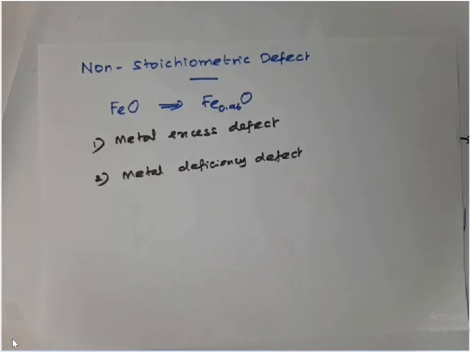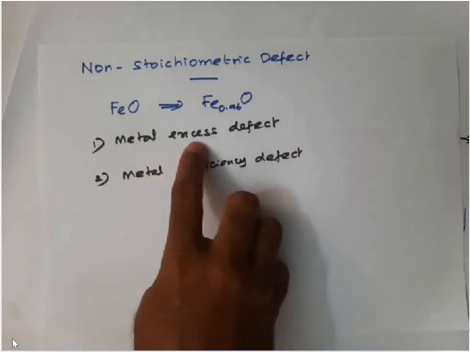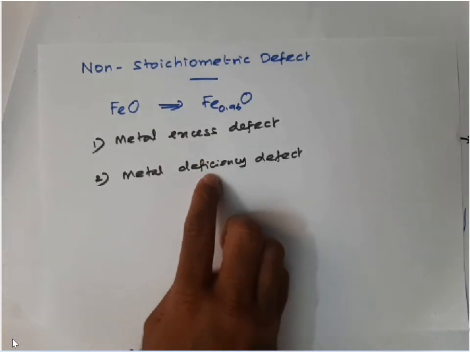Students, listen, in ionic crystals, usually cations are metals. Anions are usually non-metals. You know it. Cations are metals, anions are non-metals. So, metal excess means cations are excess in number compared to anions. Metal deficiency means cations are less in number compared to anions.